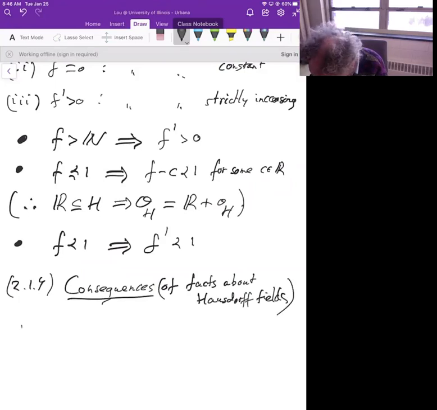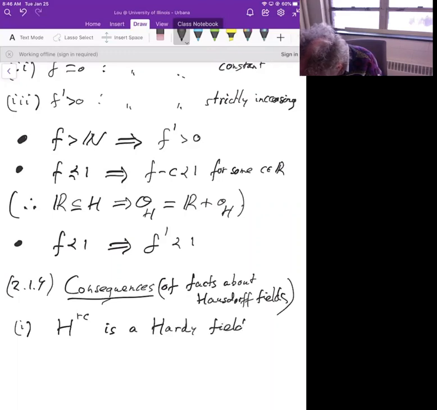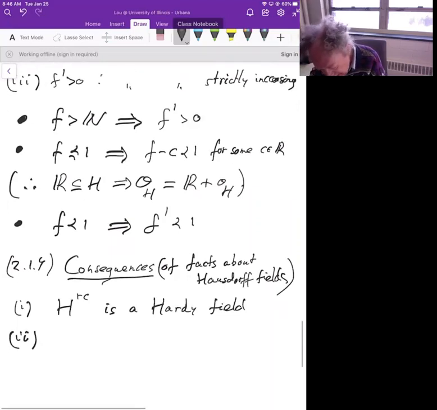One. If you take the real closure of a Hardy field, then it's not just a Hausdorff field, but it's actually also a Hardy field again. Two. You can always adjoin any real number to a Hardy field, not to a Hausdorff field, but to a Hardy field.